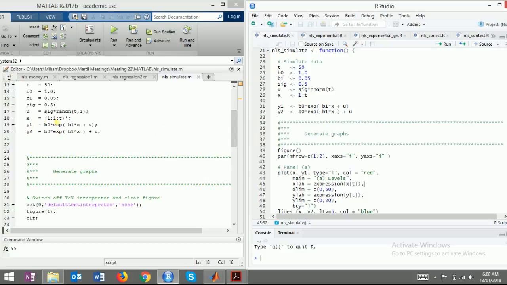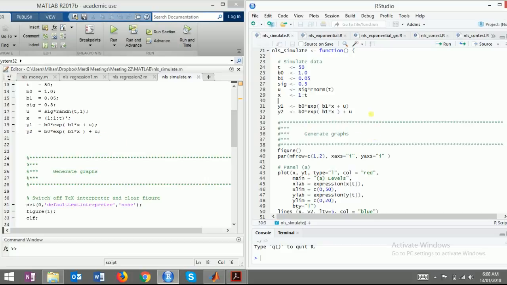X is 1 to T, transposed, by default by 1. Then beta naught exponential of beta 1 multiplied by x plus u. Because it's not a matrix multiplication but a vector multiplication, percentage signs will not come. So we're just going to represent both of the equations, and that's all for the first problem.